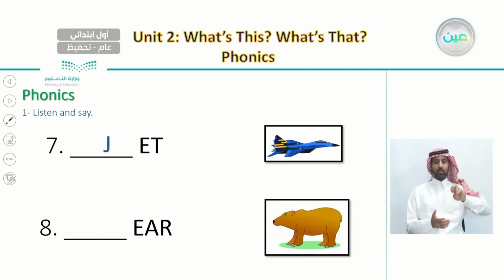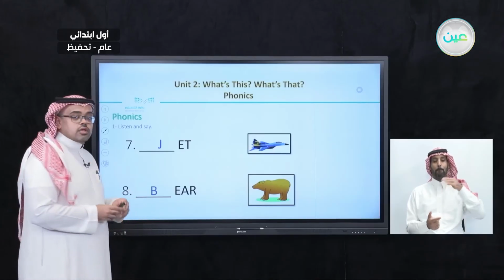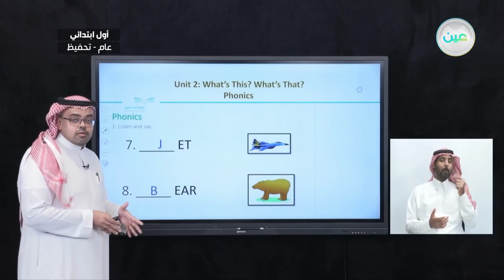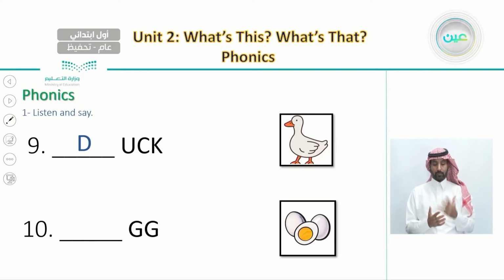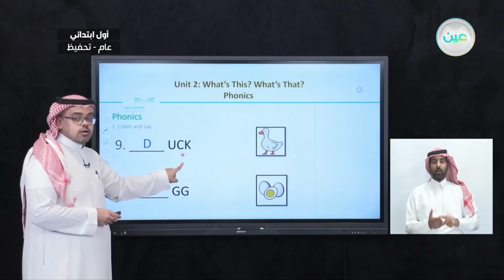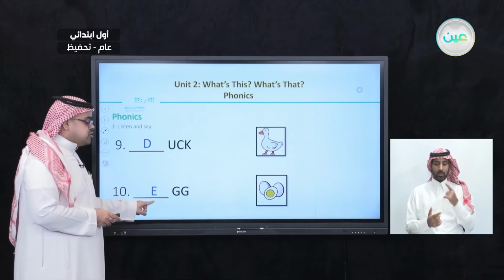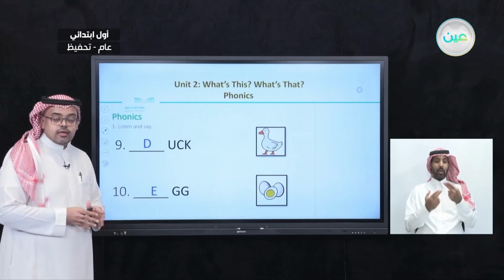Number 8, the letter is B, and the word is bear. Number 9, the letter is D, and the word is duck. And finally, number 10, the letter is E, and the word is egg.